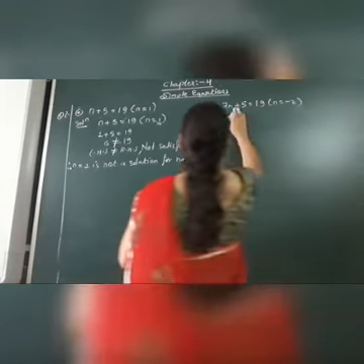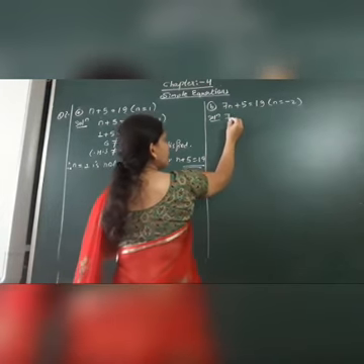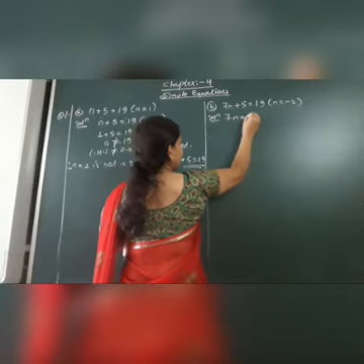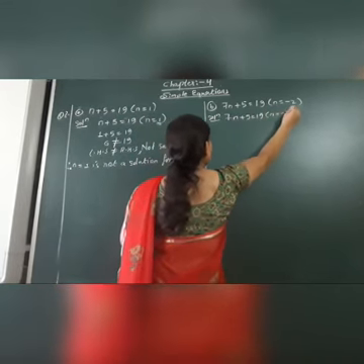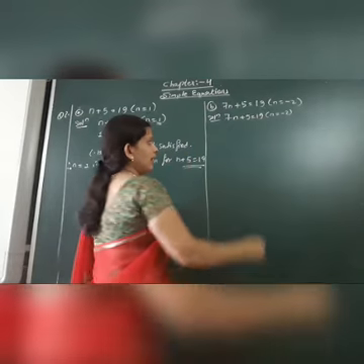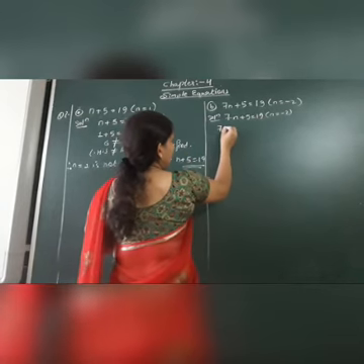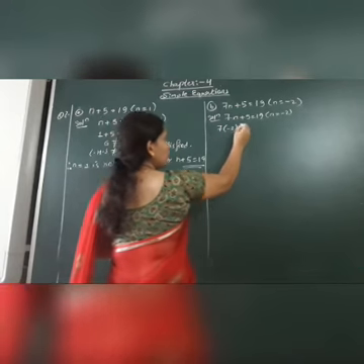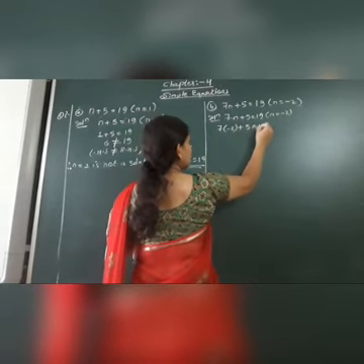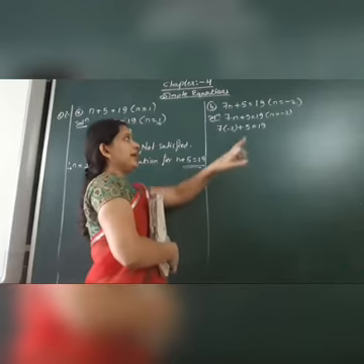Now look how to substitute. What is the equation we have? 7n plus 5 is equal to 19, where n is equal to minus 2. Clear? Now in 7n, in place of n we are going to put the value of n, that is minus 2, plus 5 is equal to 19.